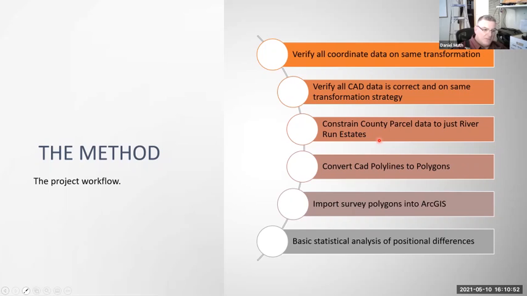Once those polygons were created, I could export them as shapefiles, and then I used those shapefiles to import them into ArcGIS. Then I could do a statistical analysis between my locations versus the county's locations on their data layer.